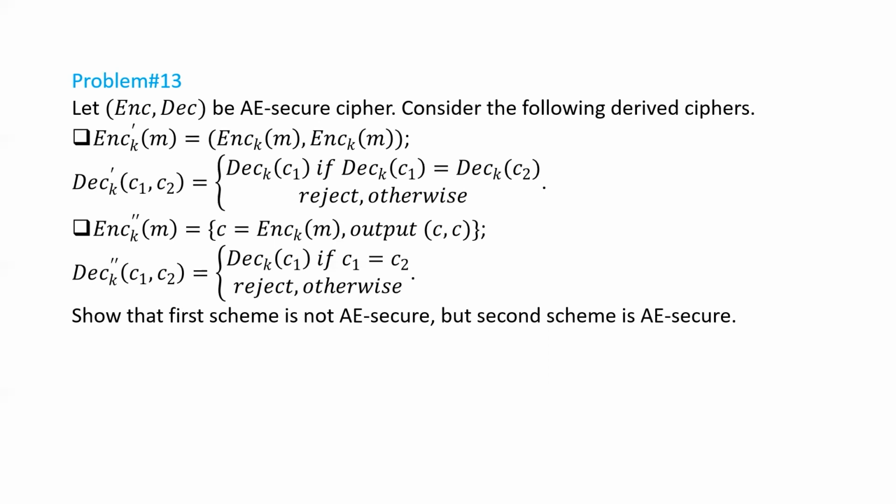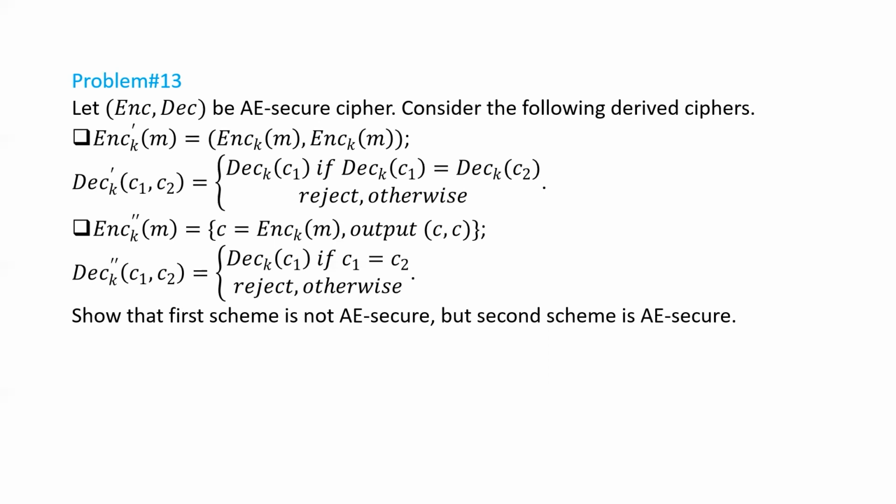So the only valid query to the decryption oracle is of the form C comma C. Now, if C is not a valid ciphertext with respect to scheme pi, then that is handled by the original scheme. If the adversary is querying the decryption oracle with some C dash comma C dash, and C dash is not a valid ciphertext with respect to the original scheme, then that is handled by the AE security of the original scheme itself.